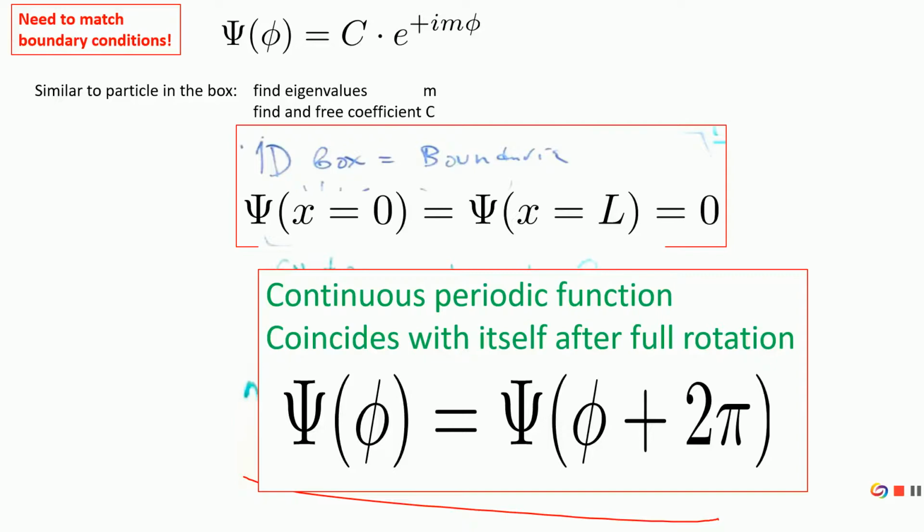There are two unknowns. The eigenvalue of angular momentum projection z is unknown, and this normalization constant is unknown. How can we get these two unknown things?